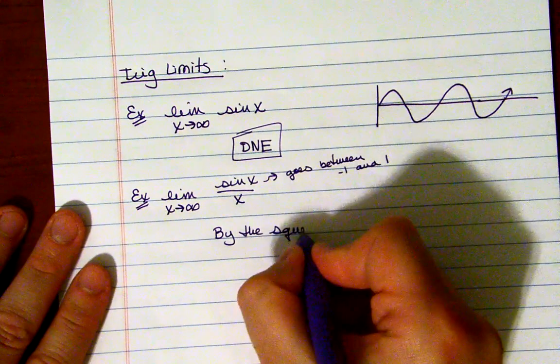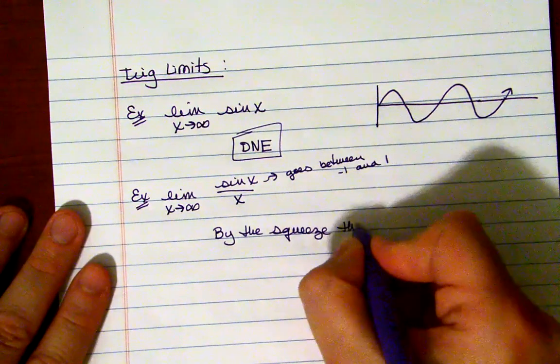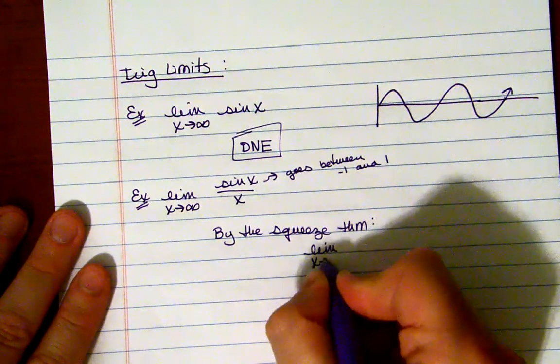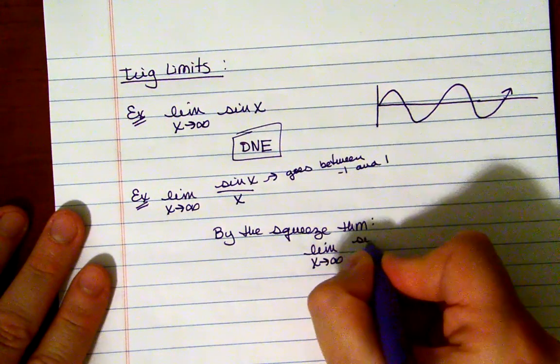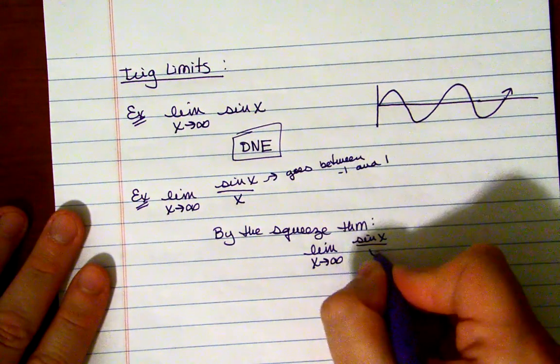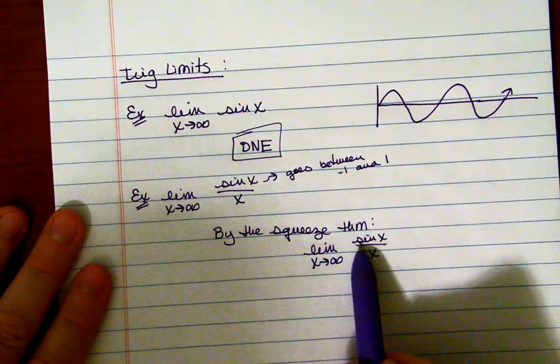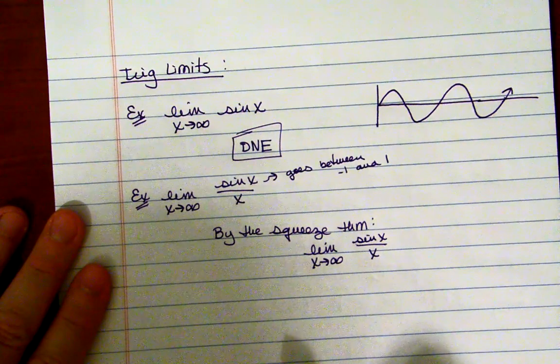By the squeeze theorem, the limit as x approaches infinity of the sine of x over x. I know that the absolute lowest that this numerator can be is -1.